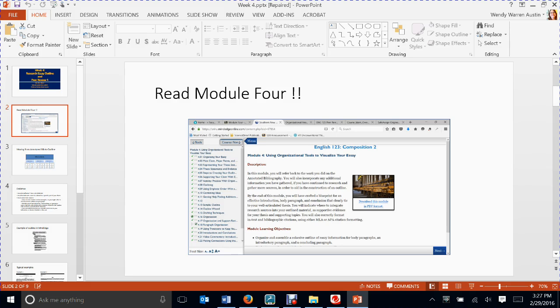There's a lot of different ways that you can organize your writing for a persuasive essay. So keep those things in mind.